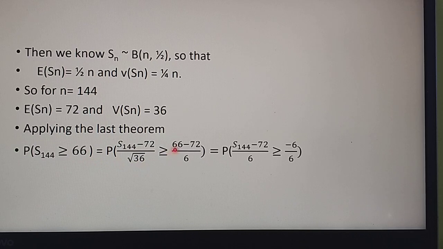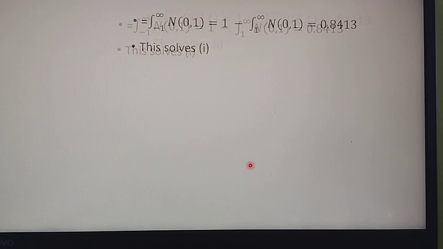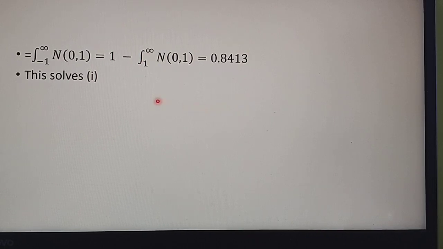So here it is 66 minus 72 by 6. So this is equal to the probability that this remains greater than or equal to minus 6 by 6. But we know that this quantity, because of the last theorem, follows normal 0, 1.